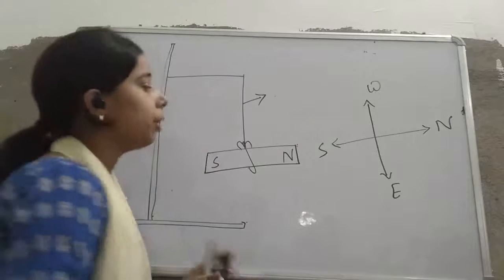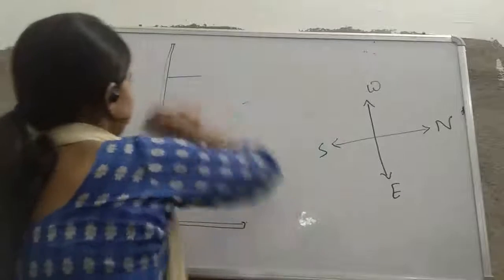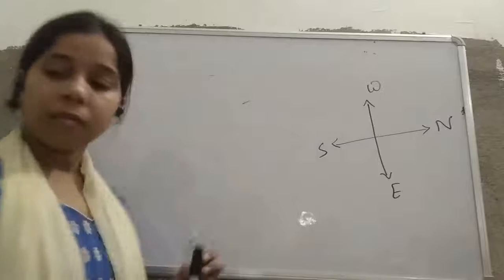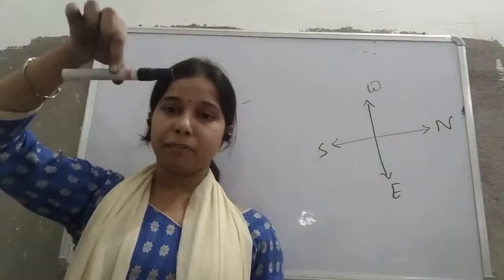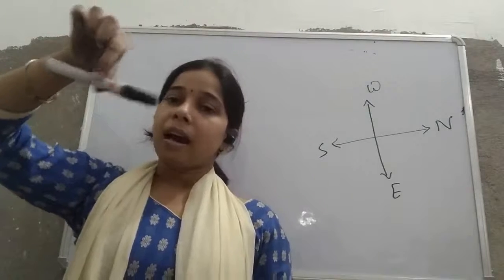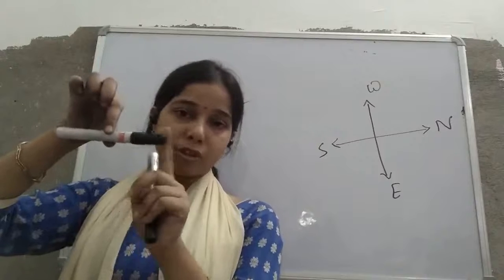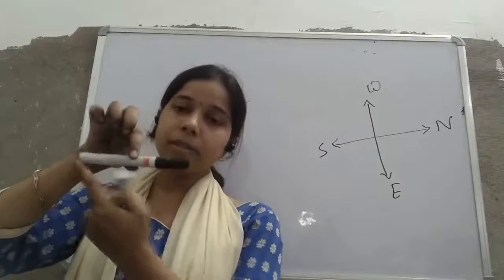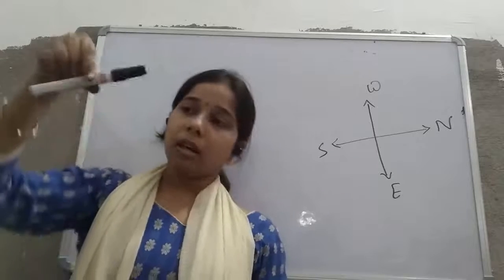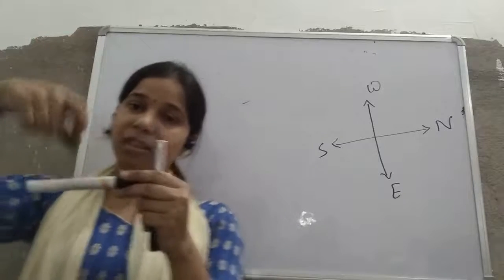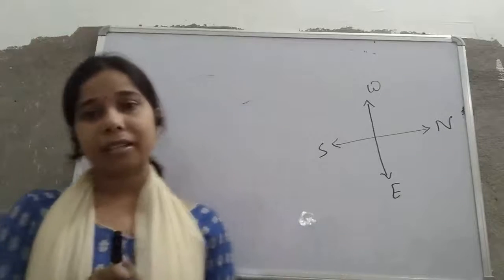Okay, now you take this bar magnet. I have freely suspended it with the help of a thread, student, and as it is aligned towards the north and the south, this black portion is the north pole, this is the south pole, suppose. When you tie it with a thread and freely suspend it, what is the meaning of freely suspended?